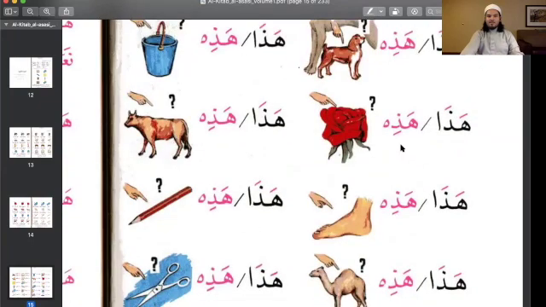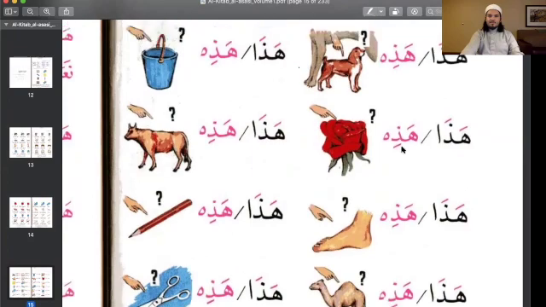عفيف. هذا or هذه. هذه. Wait, what is rose in Arabic? وردة. هذه وردة. Yes. واو راء دال تاء مربوطة.